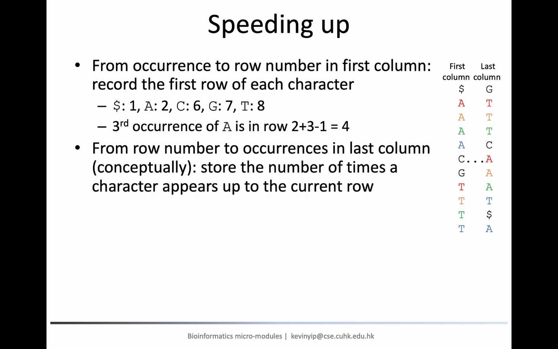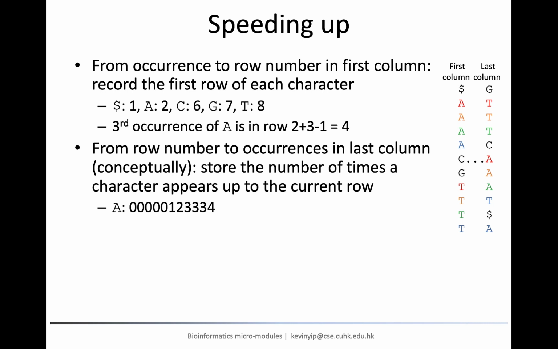For the second problem, in order to find out the exact occurrences of a character in the last column of a given range of rows, one way is to store the number of times that each character has been encountered up to each row. For example, for character A, since in the first row we have a G in the last column, which is not an A, we have encountered A 0 times up to that row.